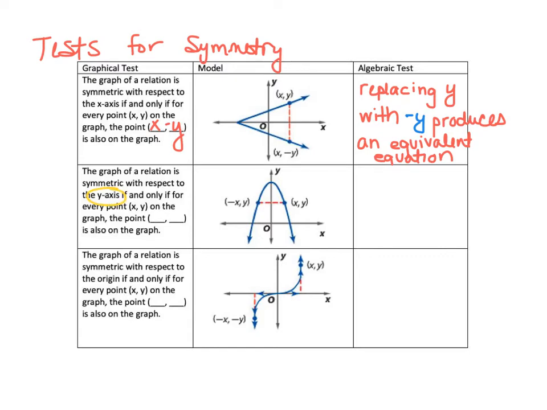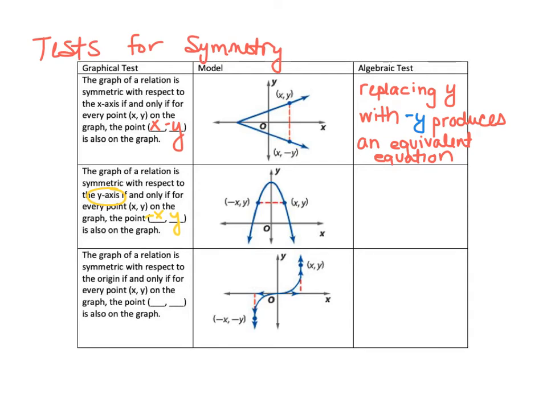It has this type of symmetry if every point (x, y) on the graph also has a corresponding point (-x, y) on the graph. The algebraic test for this would be to replace every x with the opposite of x.